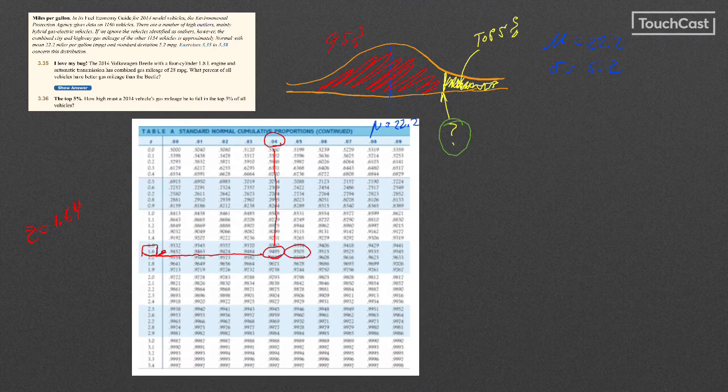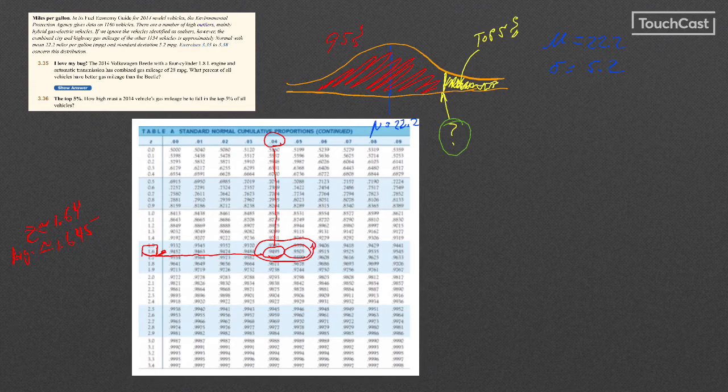Now you could try to get a little more precise with this calculation and take the average of these two, the 0.9495 and the 0.9505, since it's halfway between.